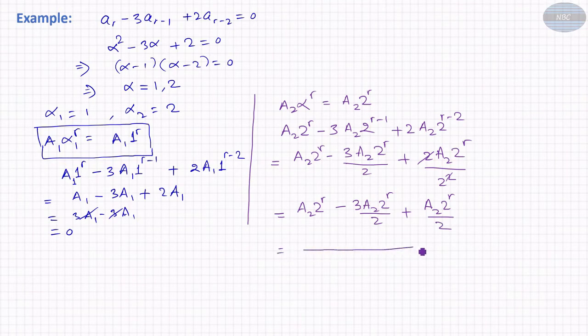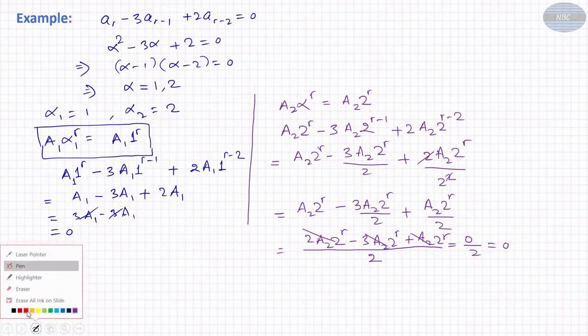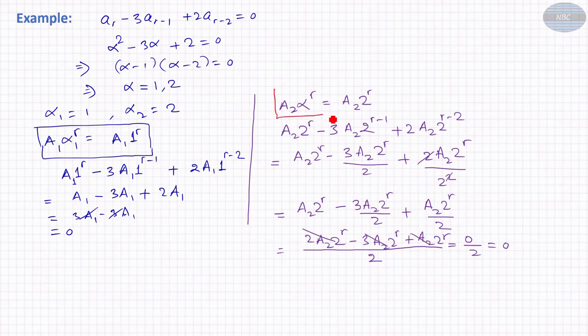It becomes, so 2 is the LCM, 2a2 2 to the power r minus 3a2 2 to the power r plus a2 2 to the power r. Okay, so see here, all this cancels out, so it becomes 0 divided by 2 is equal to 0. So hence we have, this is another homogeneous solution which also satisfies the above difference equation.